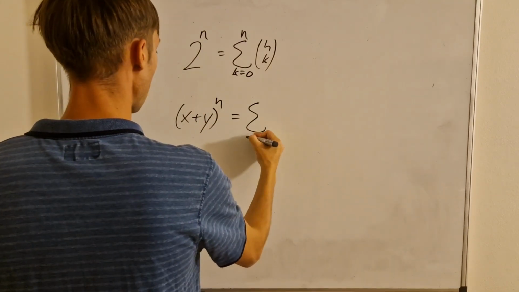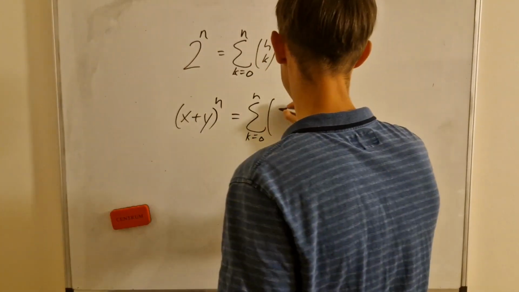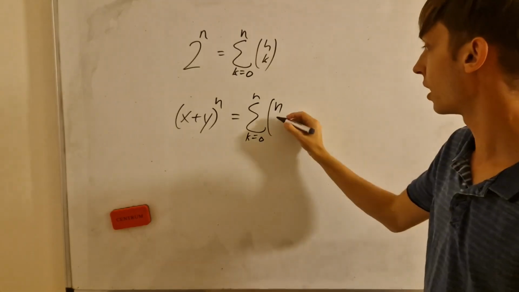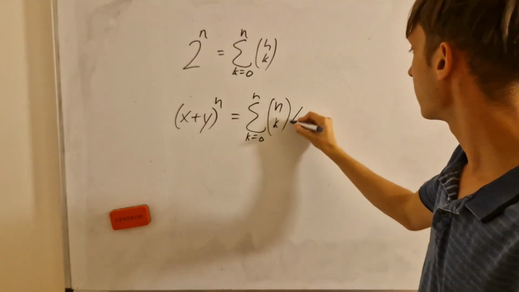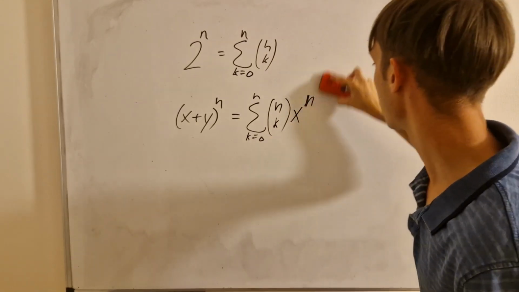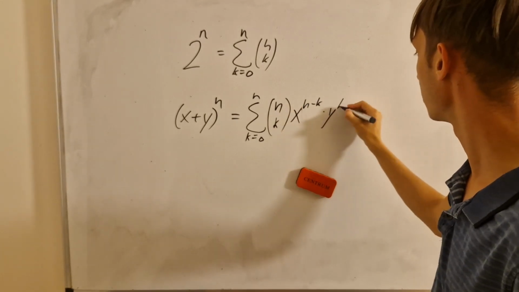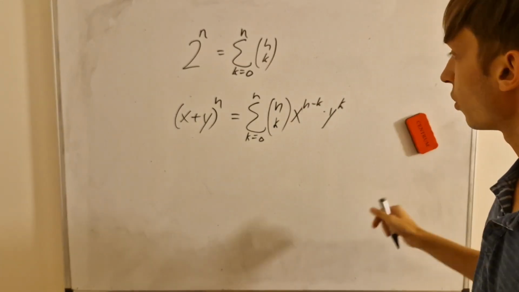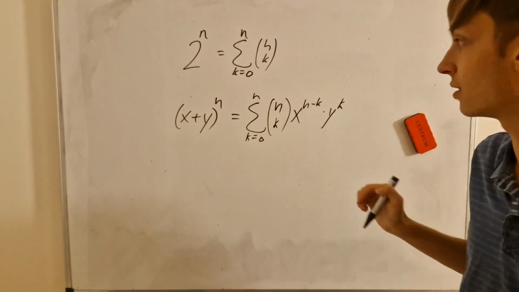It's going to be equal to the sum from k equals 0 until n of n choose k times x to the n minus k times y to the k. So this formula gives us how to expand such a parenthesis.